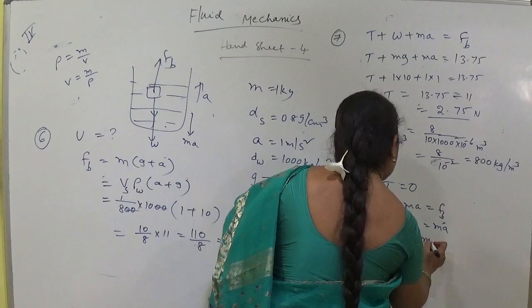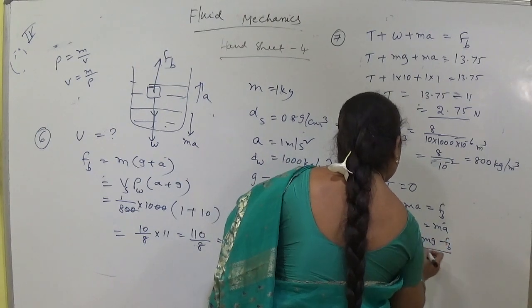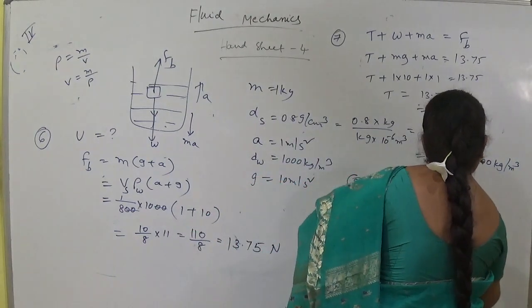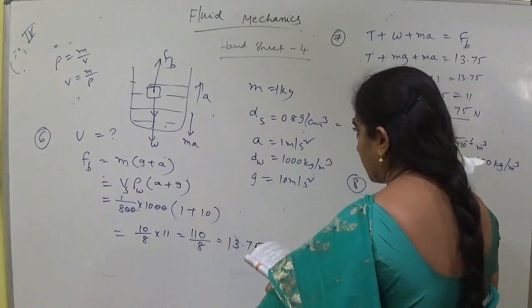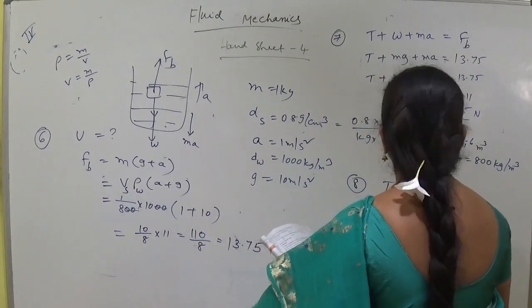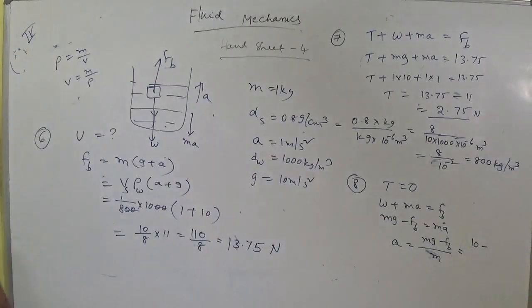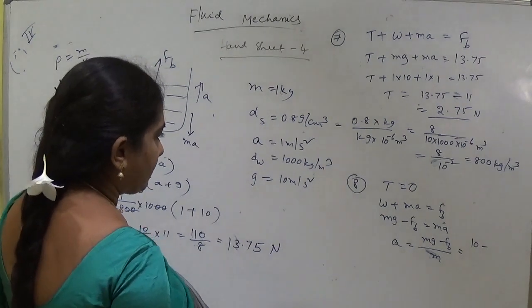A is equal to mg minus FB by m. mg is 10, minus the FB value 13.75. F minus W by M.